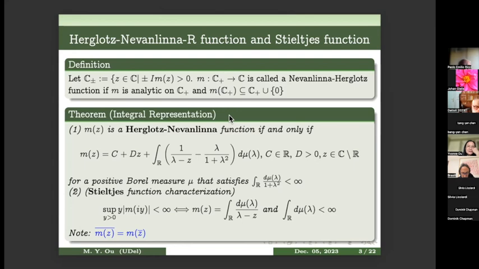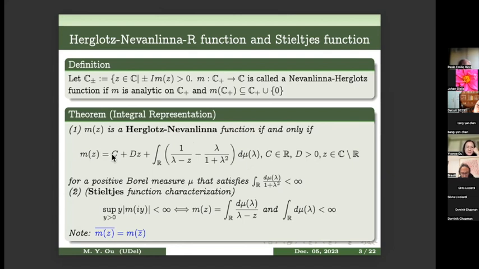But for me, the beautiful, amazing part of it is that if M is a Herglotz-Nevanlinna function defined on the upper half plane, then the following representation holds.